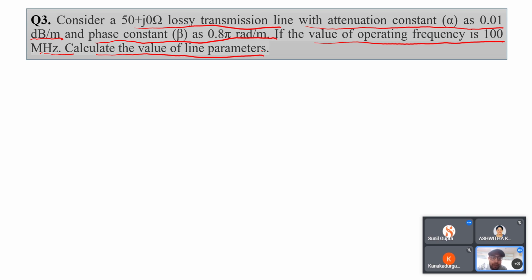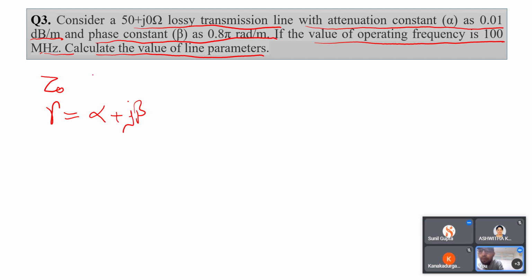For solving such a problem, first of all we have to know how to define the characteristic impedance for a lossy transmission line, and the propagation constant, because the propagation constant basically defines the alpha plus j beta term.